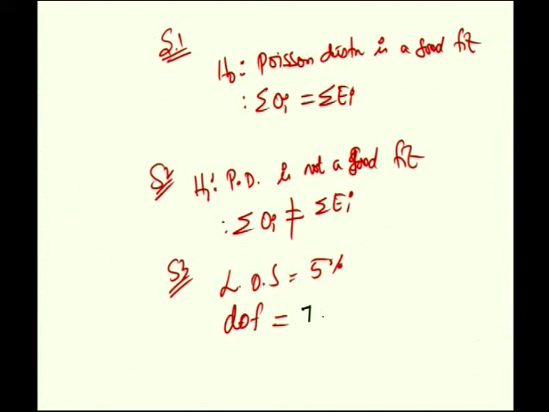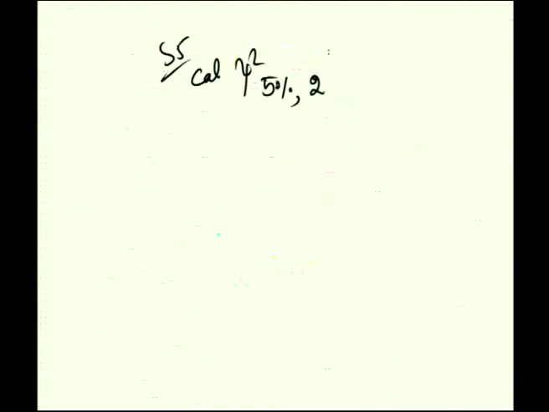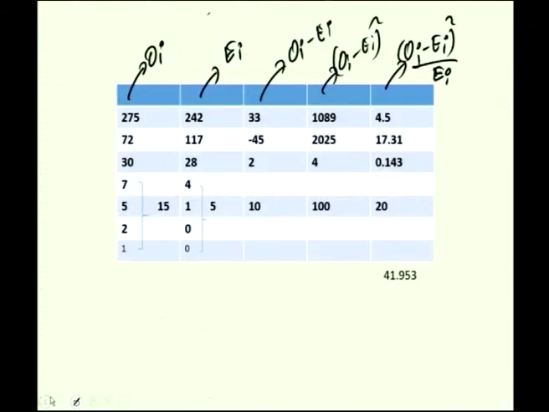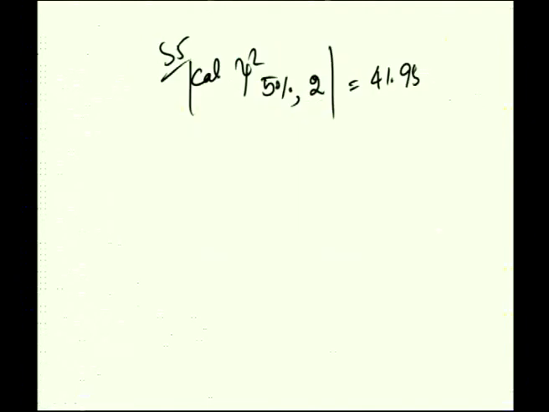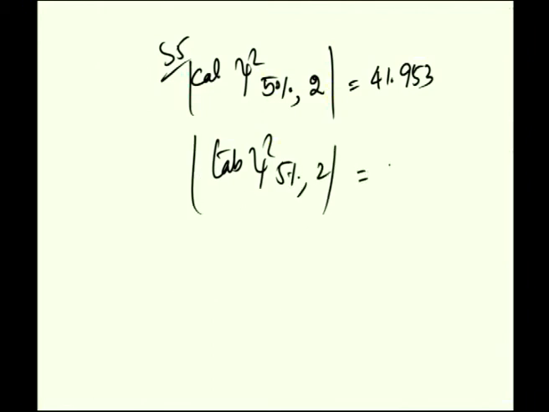We are in step 5, the calculated chi-square at 5%. Degrees of freedom: the number of categories here is 7, minus 1. 1 degree of freedom is lost due to calculation of lambda, and another degree of freedom is lost due to calculation of EI, and then 3 degrees of freedom are lost due to pooling. Okay. So, 2 degrees of freedom. The calculated value is 41.953, whereas the tabulated chi-square at 5% with 2 degrees of freedom is 5.99.